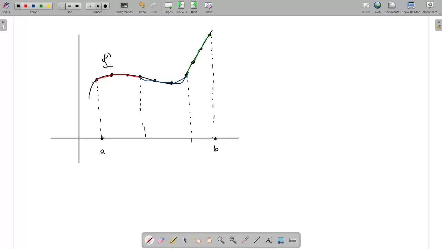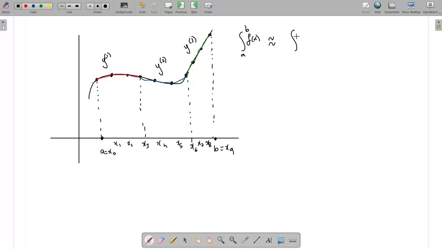Okay, so this first polynomial could be y1, second polynomial could be y2, third polynomial could be y3, and the integral of f would now be approximately the integral from, call this x0, one is x1, x2, and so on up to 9.